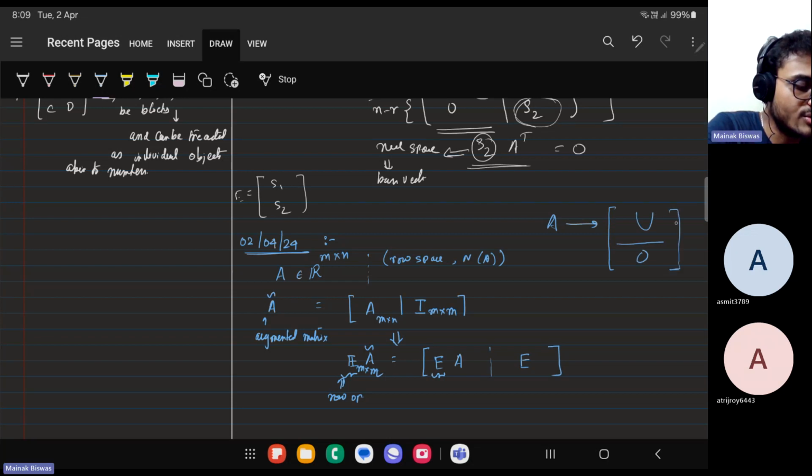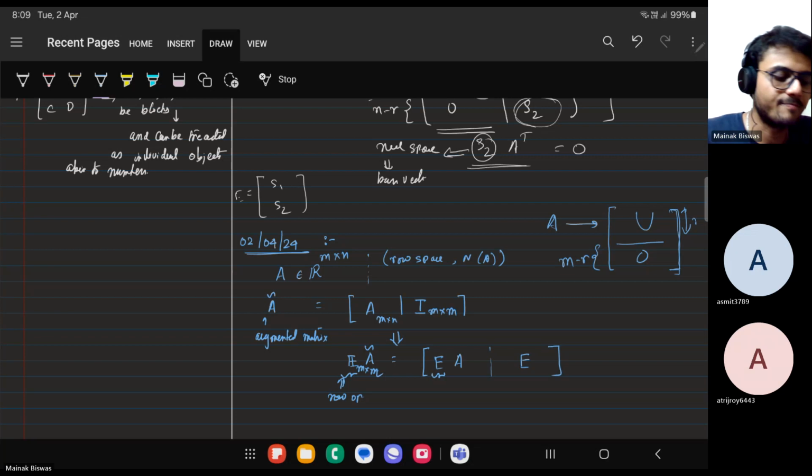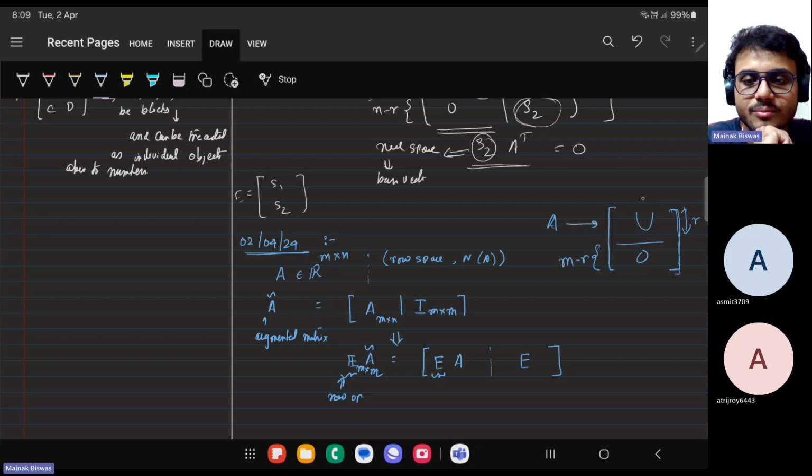This is how we had done elimination. So this will be how many dimensional? Here m minus r, and this will be r dimensional. Yes or no? This will give you the rank. This is how we did elimination. Some matrix you will have on the top, and you will have zeros below it, right?